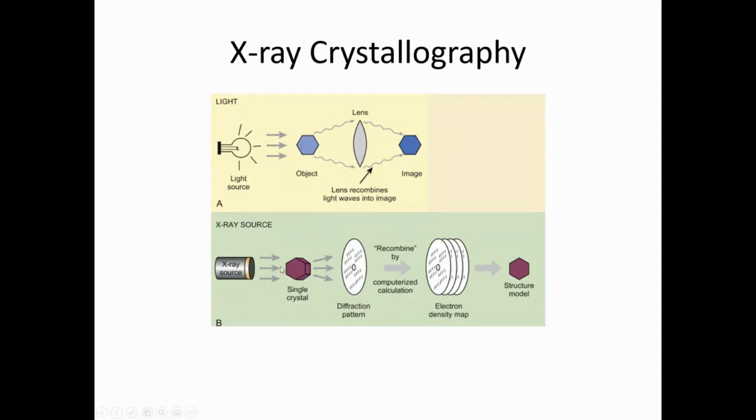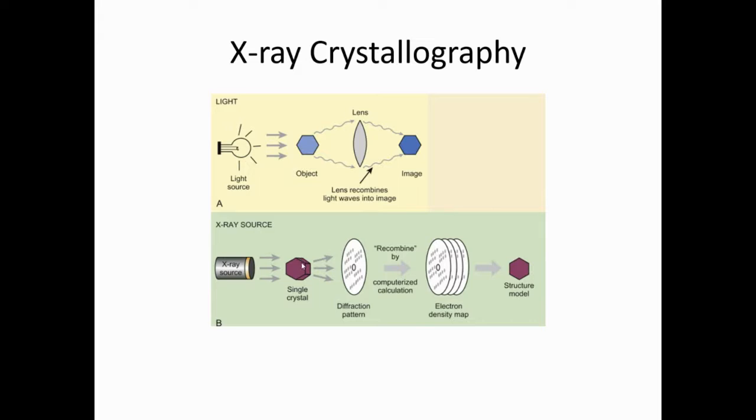Like here, you have a crystallized protein, a single object. Then you send X-rays through the crystallized sample, and the X-rays are diffracted when they pass through this object.